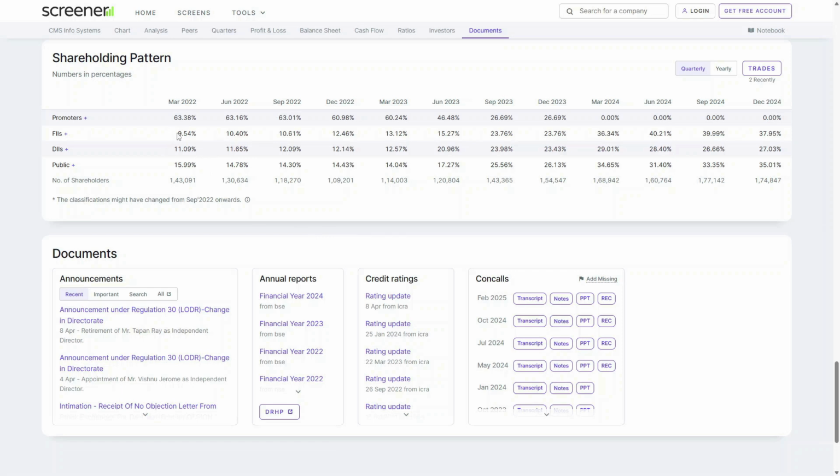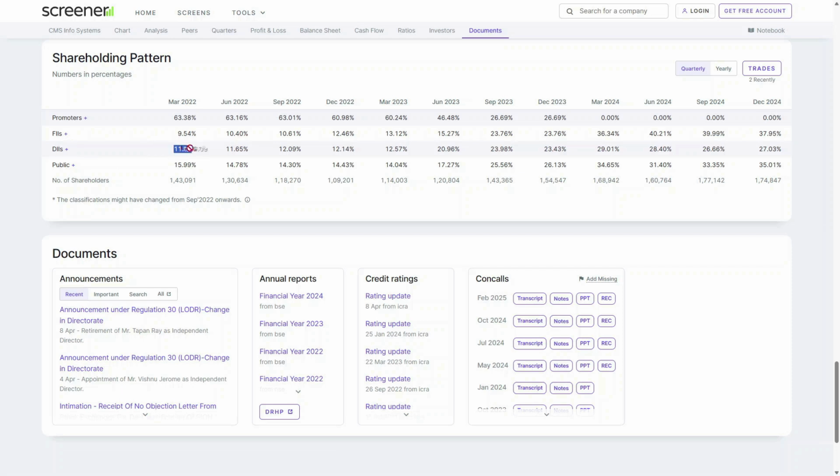So this was the FII data at March 2022, which is at 9.54%, and then it gradually started increasing. And look at how much is there at December 2024. Not only the FII data, look at the DII data too.